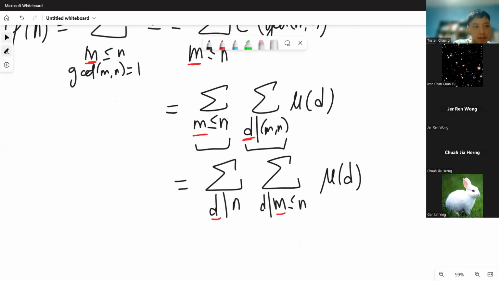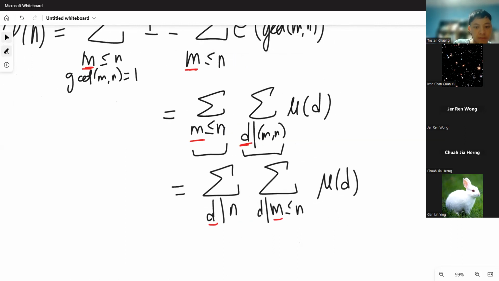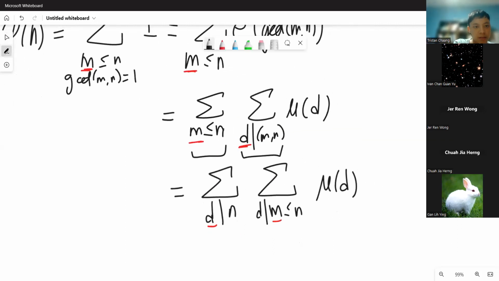Okay. But what is this exactly? This is just M equals D, 2D, 3D, 4D, 5D, and so on, until N. Right?